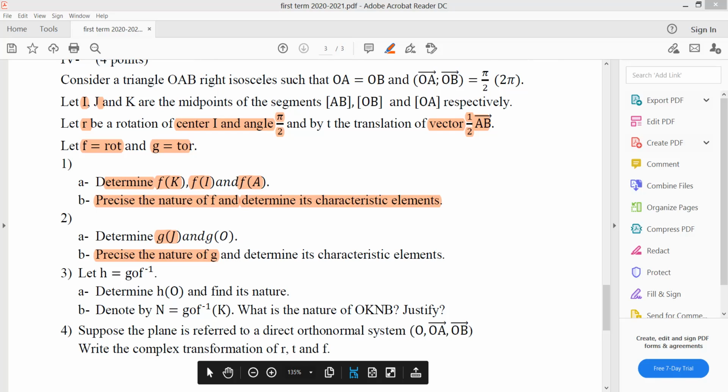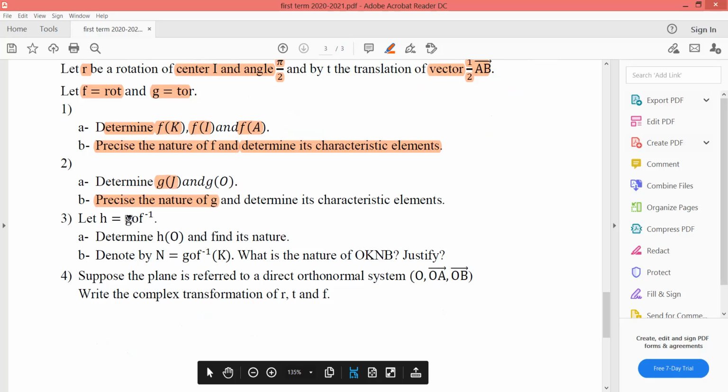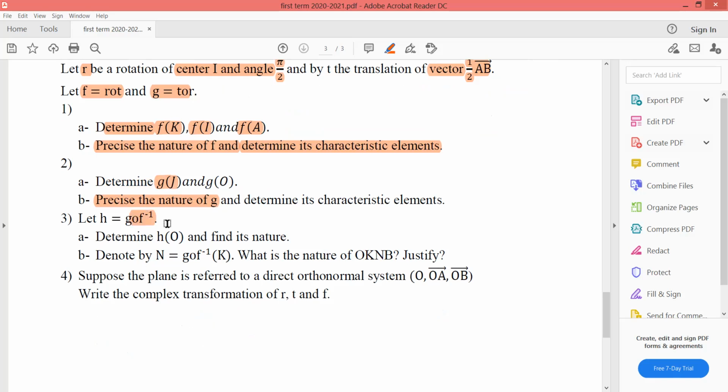Now, part 3. Let H equal G round F inverse. We found that F is a rotation with the center K and angle pi over 2. Then F inverse is a rotation with the center K and angle minus pi over 2.